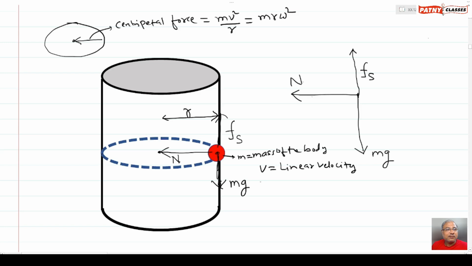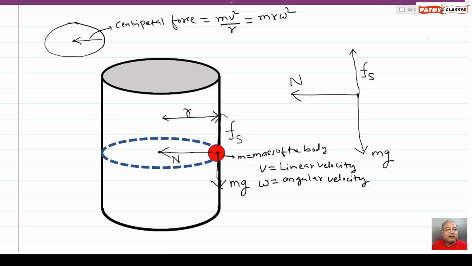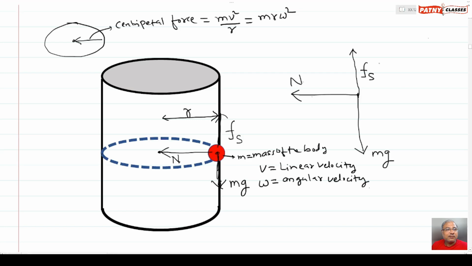So v is the linear velocity and omega is the angular velocity of the object. And force of static friction is always less than or equal to mu s multiplied by normal reaction. What is mu s? Mu s is nothing but the coefficient of static friction.